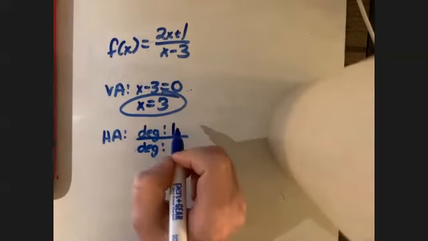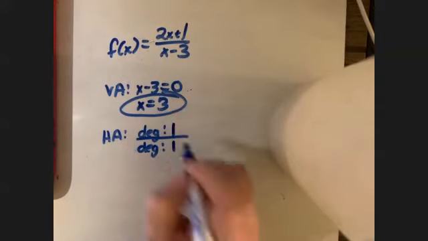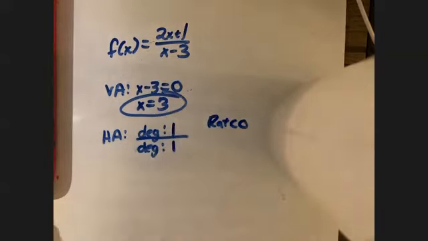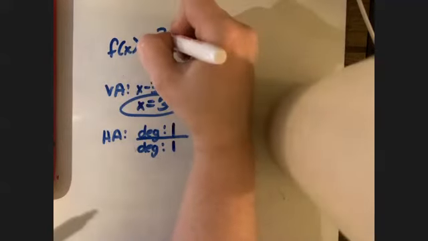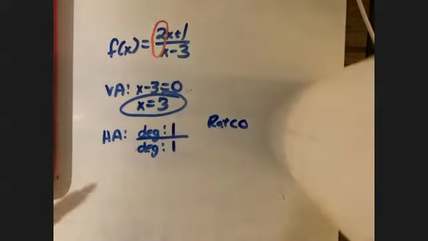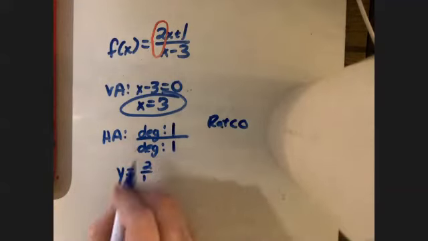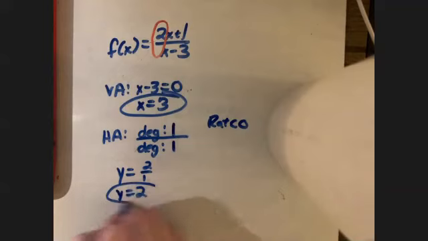The degree on the bottom is also 1, so we are in a Ratco situation. Now, when we deal with Ratco, we're going to deal with these front coefficients in front of those x values. So this is going to be at y equals 2 over 1, which is going to be y equals 2. So there is my horizontal asymptote for that one.